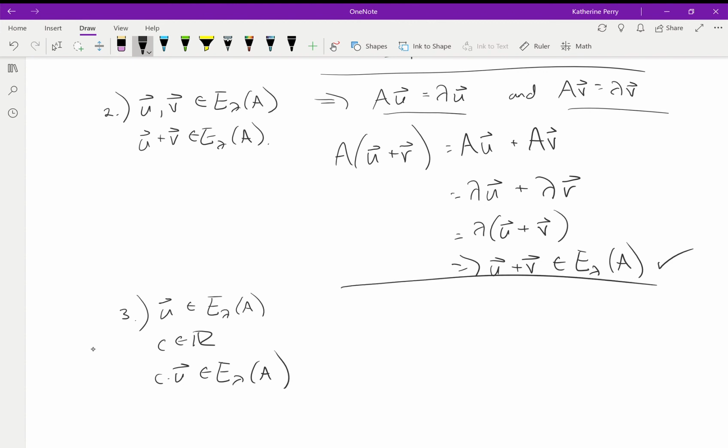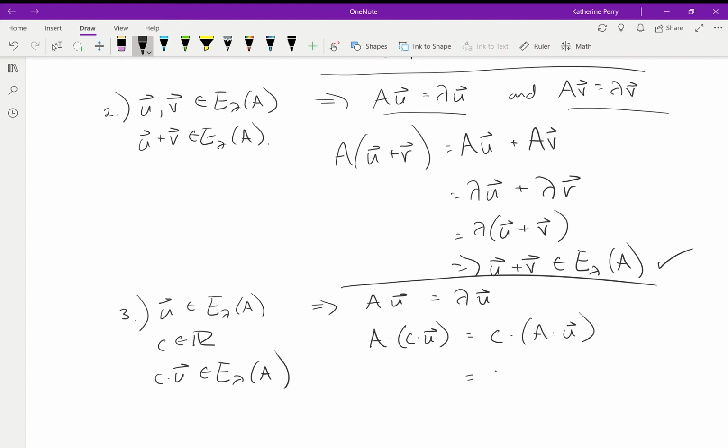And again, this up here implies that A times U is equal to lambda times U. And so now I just need to see what happens when I take A times c times U. And I want to show that this is equal to lambda times c times U. And if I do this, again, based on the properties of scalar multiplication with matrices, I can pull that c out in front. So this is equal to c times A times U.